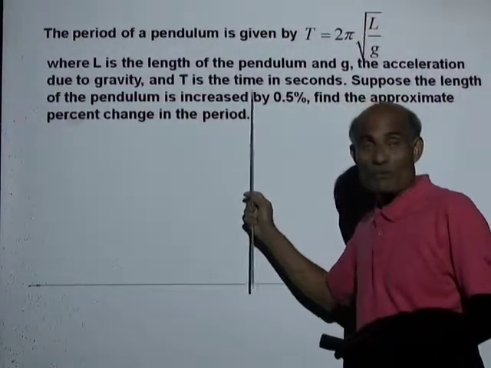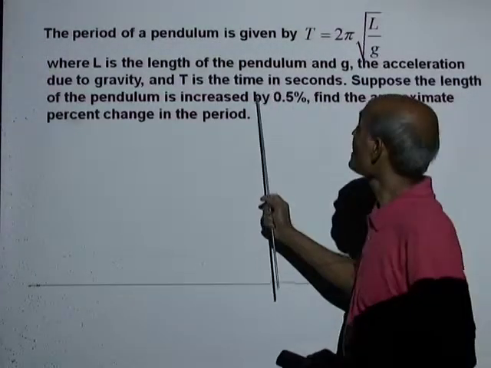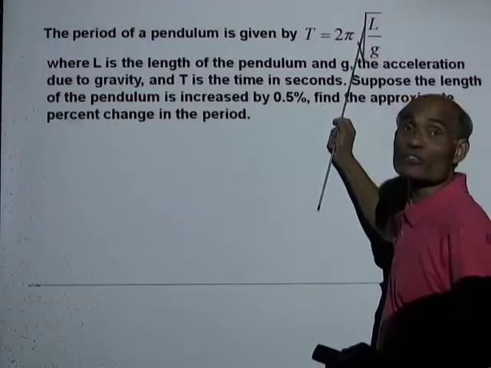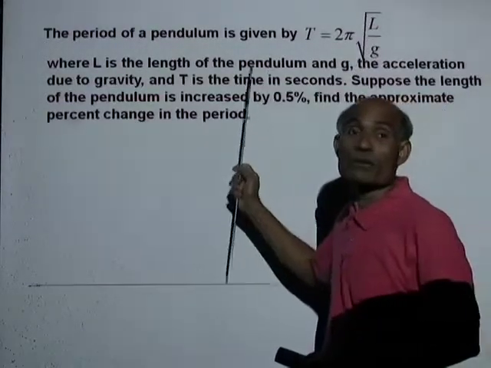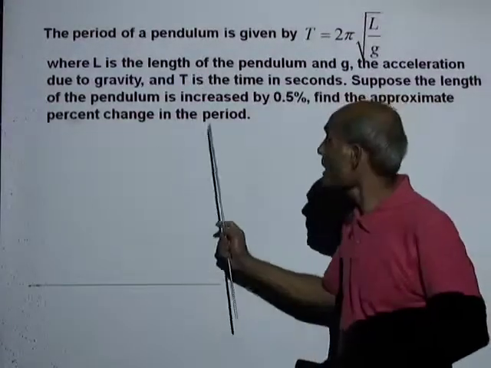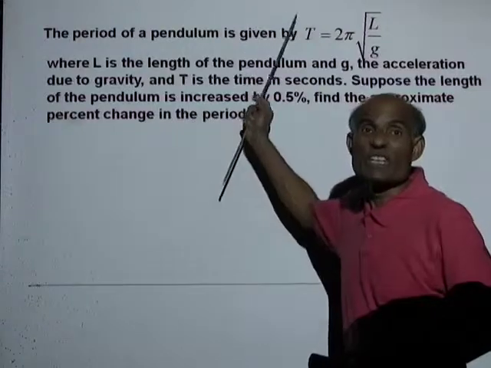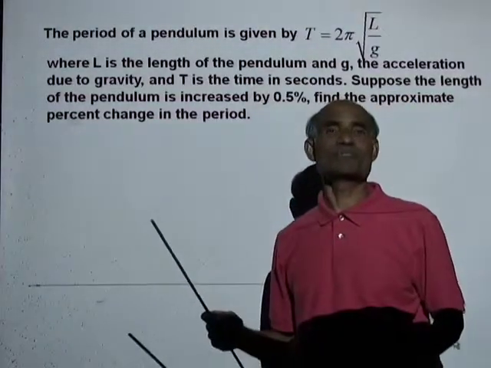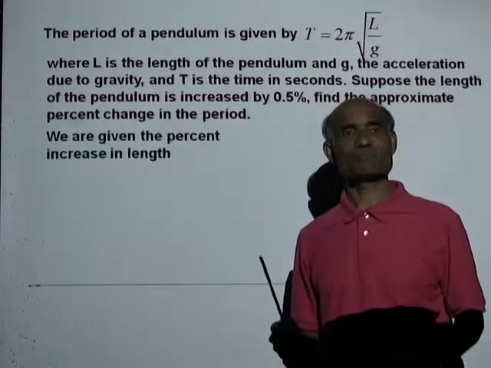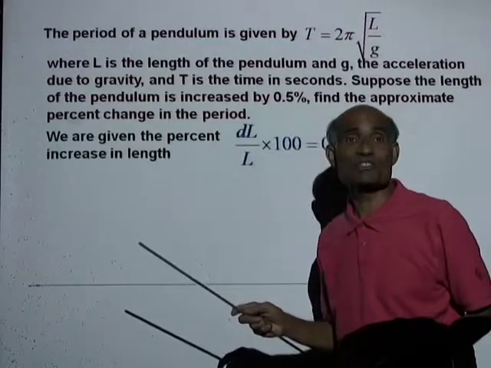Now we are given the percent error in what? In the length. dL over L multiplied by 100 is this value. You need to find dT over T multiplied by 100. That is the question. So we are given the percent increase in length.